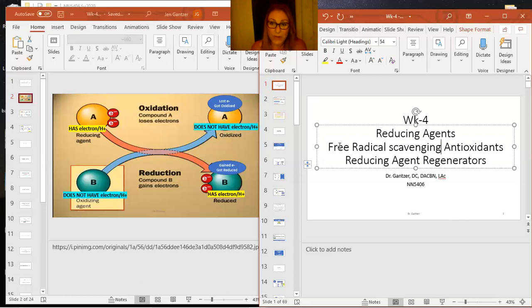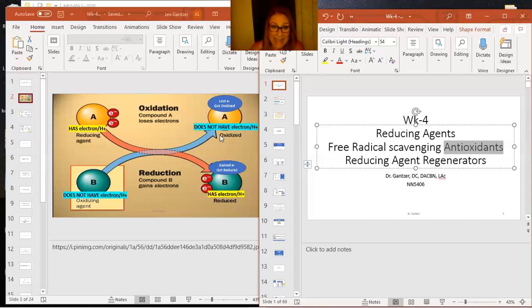So as soon as our antioxidant, our reducing agent, does its job scavenging free radicals and quenching the molecules that are reactive radicals because they don't have the electron or the hydrogen atom, as soon as the antioxidant does that, it donates the electron, it donates the hydrogen atom, and then it no longer has it. Now our antioxidant is oxidized. So an antioxidant reducing agent gets oxidized as it donates it.